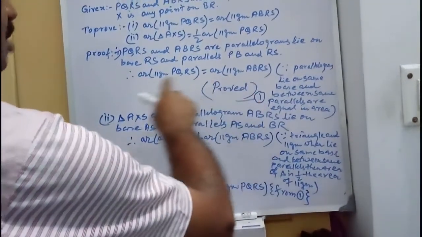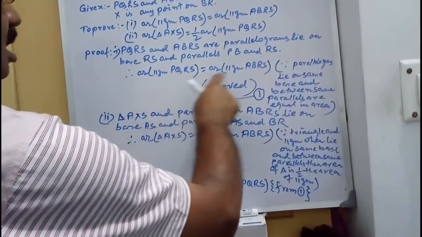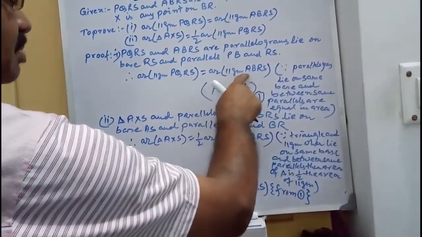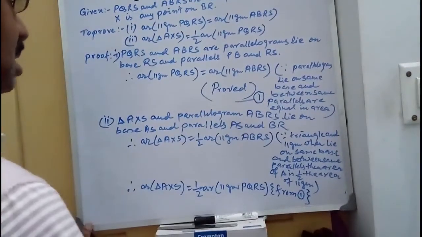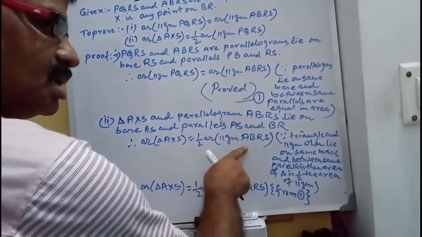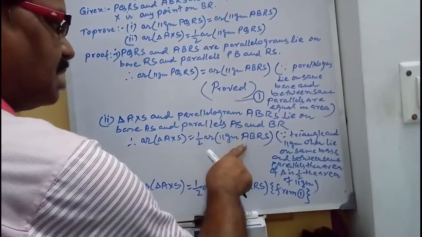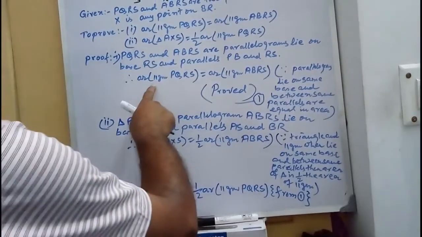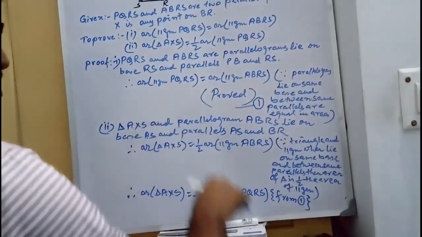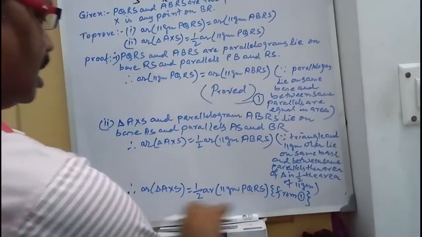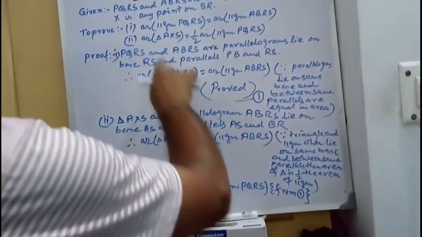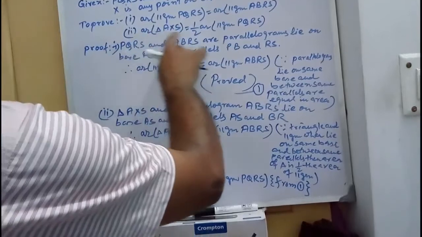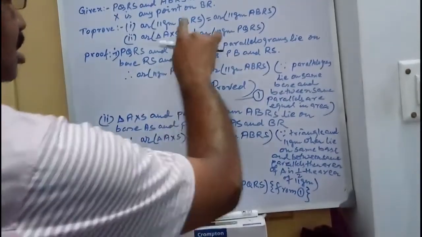This from 1, area parallelogram PQRS is equal to area parallelogram ABRS. Here that is written ABRS. So in place of parallelogram ABRS we can write parallelogram PQRS. That is written here. And which you have to prove, that is given in to prove. So you got that one. So write here prove.